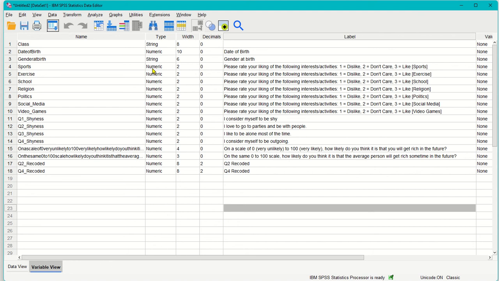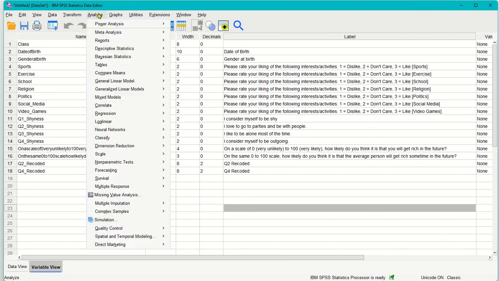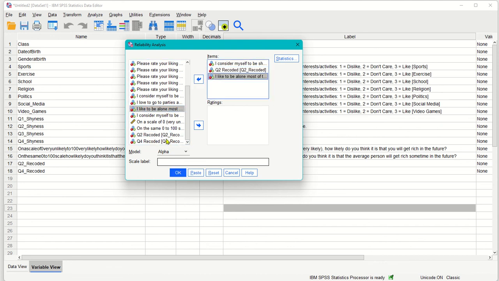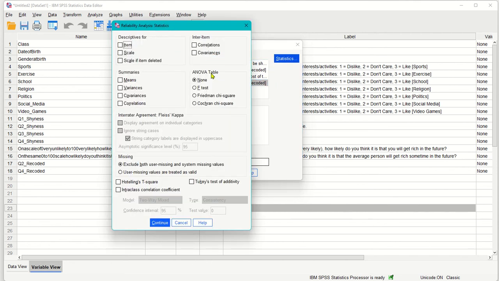And so in order to perform a reliability analysis, you would go to Analyze, Scale, and then Reliability Analysis, and then put in your variables. Make sure you pick up the correct ones. So for our first one, we would put it in there, and then put in the second one for your recode, and then the third one in there, and the fourth one for the recode, and then select Statistics.